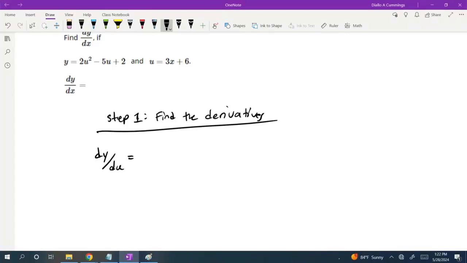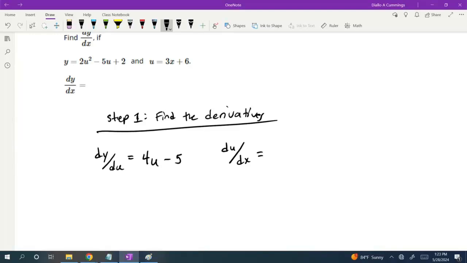In finding the derivative for 2u squared with respect to u, we have 4u minus the derivative with respect to u for 5u, which is 5, and the derivative for any constant is 0. We're now going to find the derivative for our second function, the derivative of u with respect to x.